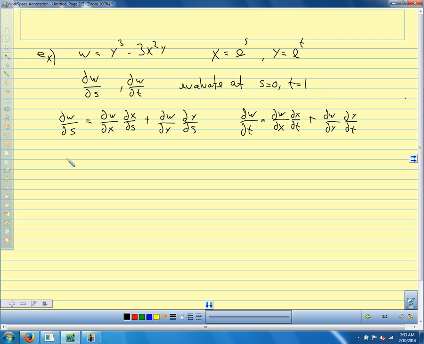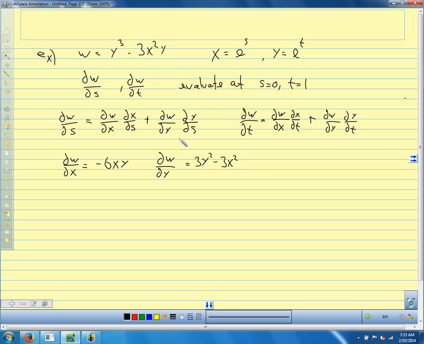So our partial of w with respect to x, what do we get? Let's see, that's a constant, and we get minus 6xy. And our partial of w with respect to y, we get from this one 3y squared minus 3x squared.